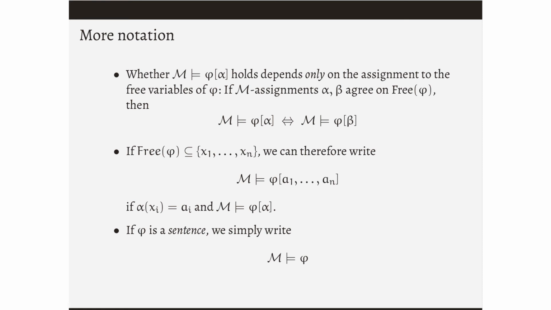In particular, if two M-assignments, alpha and beta, agree on the free variables, so the variables that occur non-bound in phi, then the formula under the assignment alpha is true in M if and only if it's true in M under the assignment beta. Again, this is not completely obvious. It needs to be proved. And again, please pause for a few minutes and think about how you would prove this. And again, you would of course follow induction on the formula structure here.